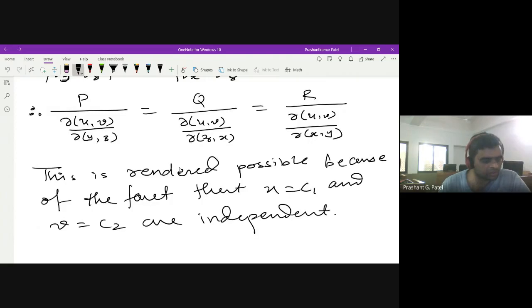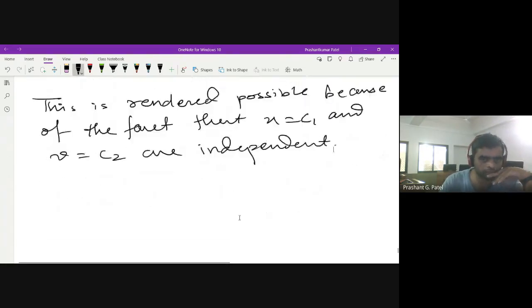Now this relation leads to what I need. Looking at the situation, we also have f of u, v equal to 0.